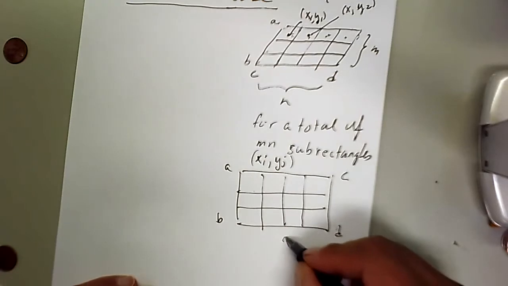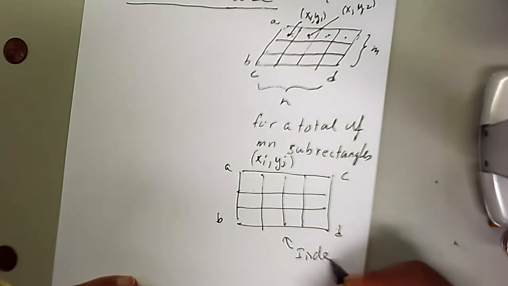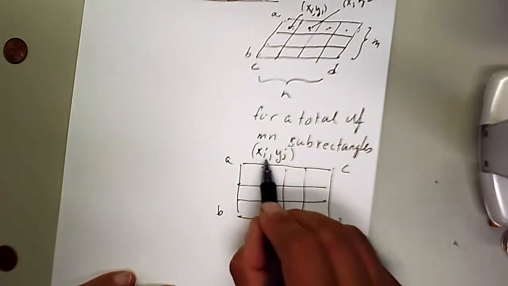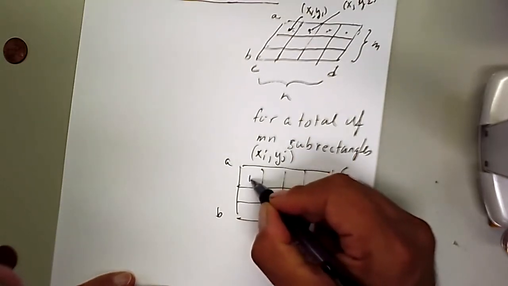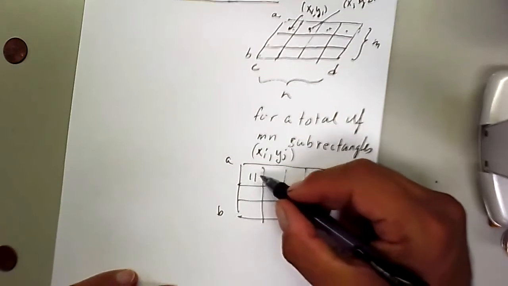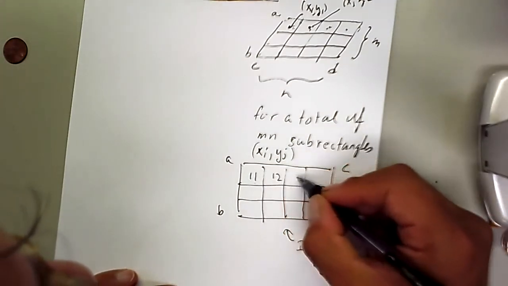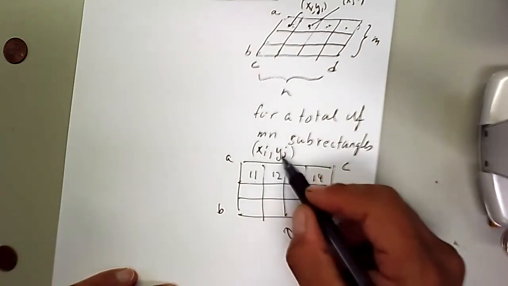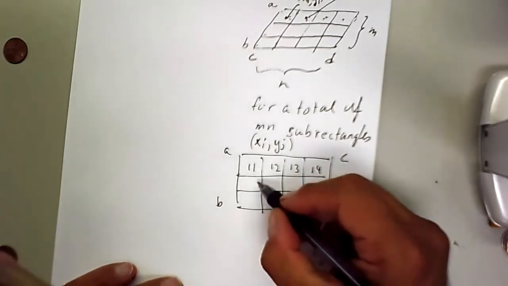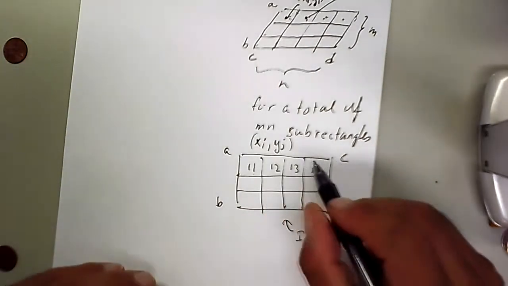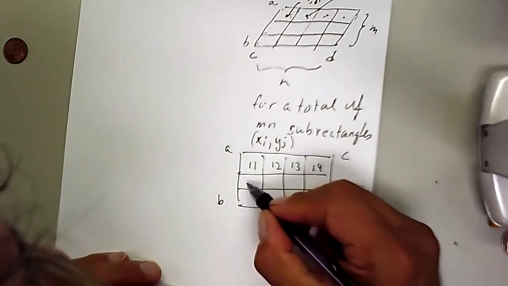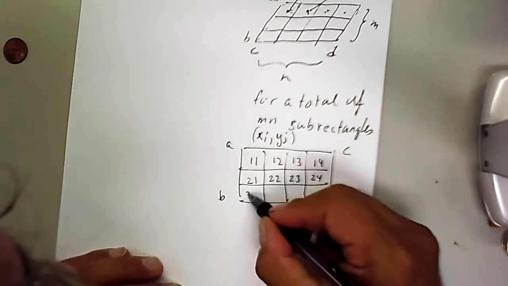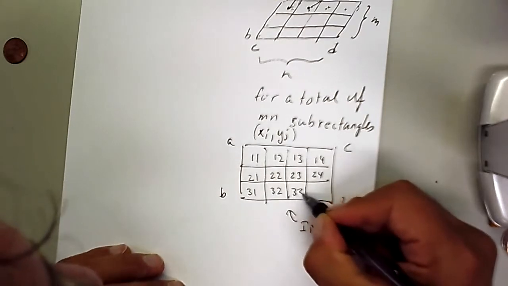So this is a table of the indexes ij, because it's a lot of writing to put x1, y1. So I'm just going to use a shorthand. I'm going to label this as 1,1. So this would be 1,2, 1,3, 1,4. Remember, those are the i and the j values of this point, which would be in the middle of each one of those rectangles. We're going to do a concrete example so you can see how this works. So then we have 2,1, 2,2, 2,3, 2,4, 3,1, 3,2, 3,3, 3,4.